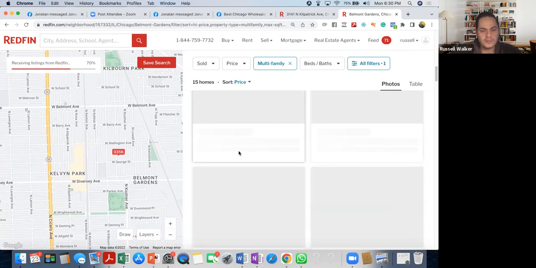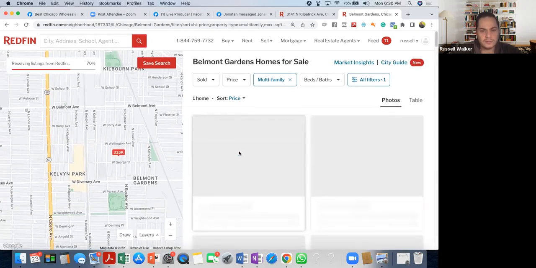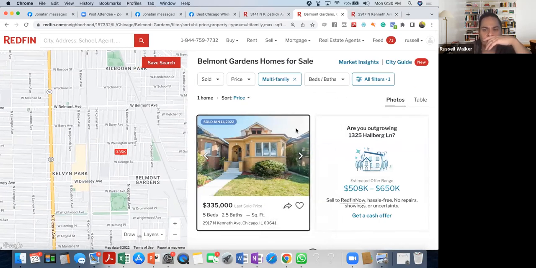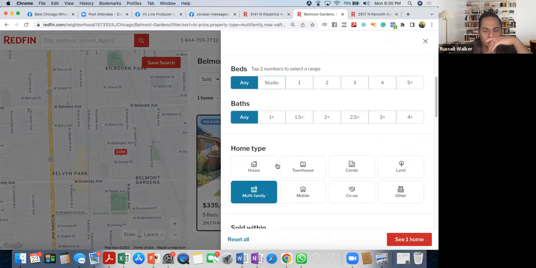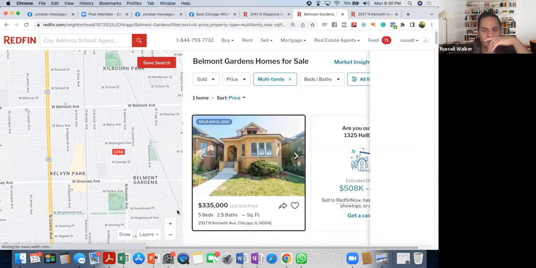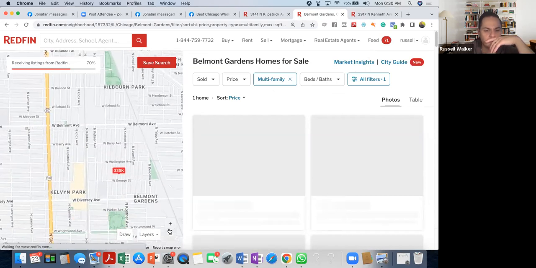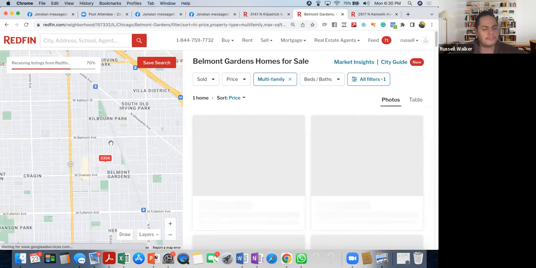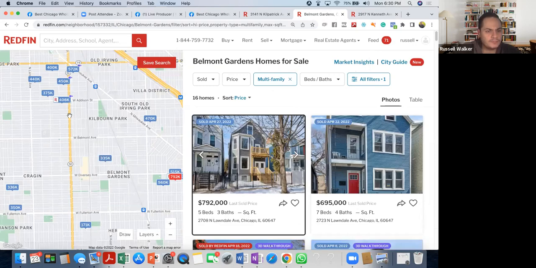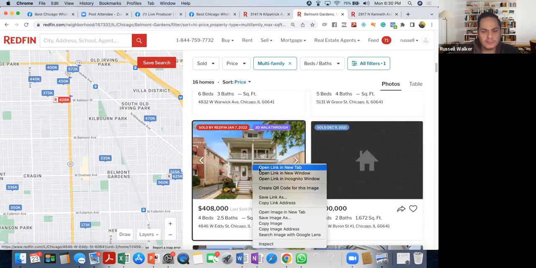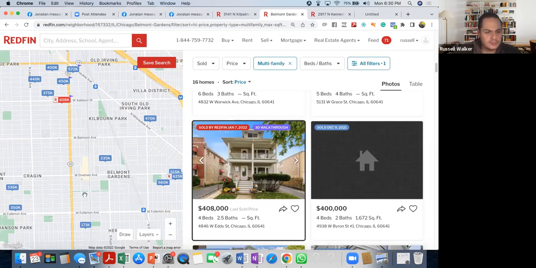We're gonna use this comp here at 335, of course. This is like the only one in the neighborhood. And then we're going to see what we find. So the closest one is this 408 on Addison.